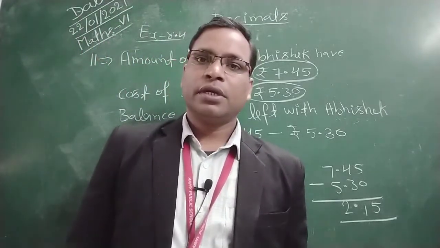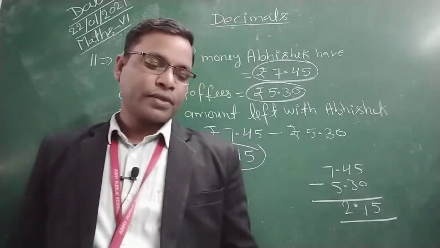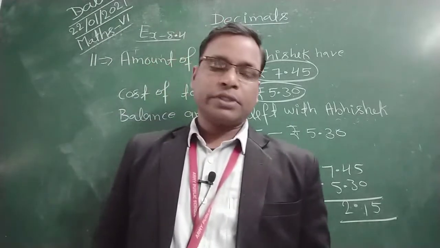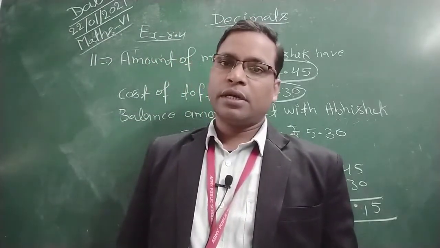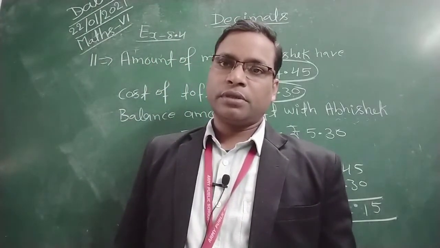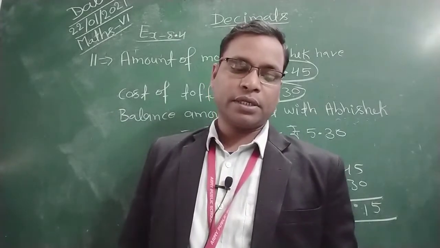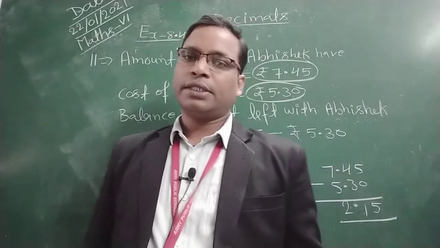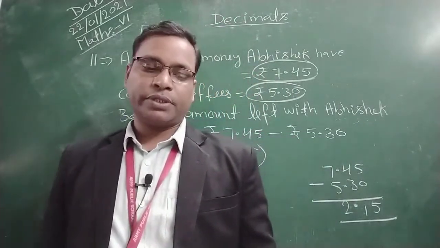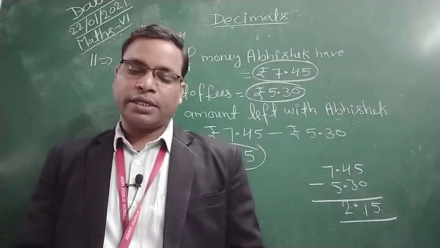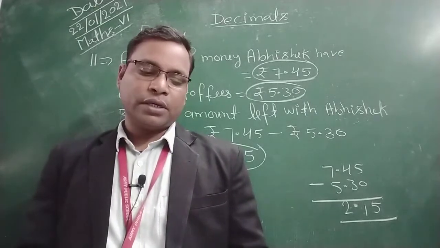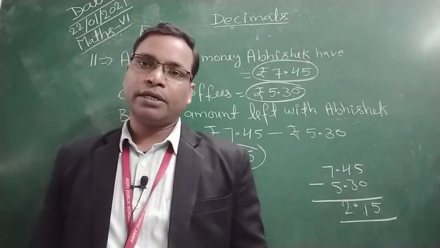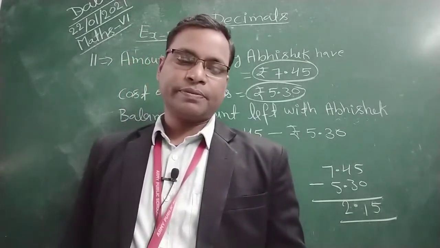Now the next question of this exercise is that Rani has 18 rupees 50 paise. She bought one ice cream for 11.75 rupees. How much money does she have now? I repeat this question again. Rani has 18.50 rupees.